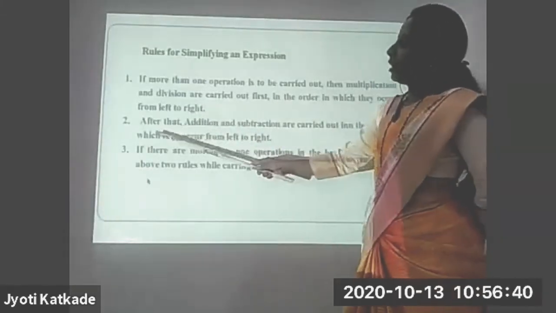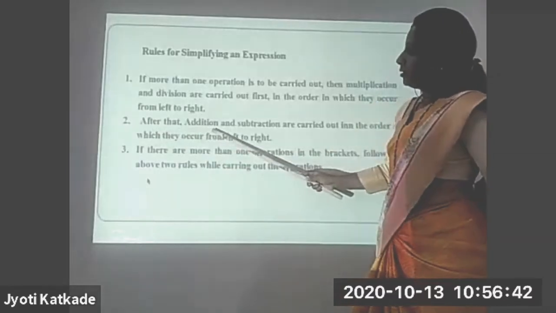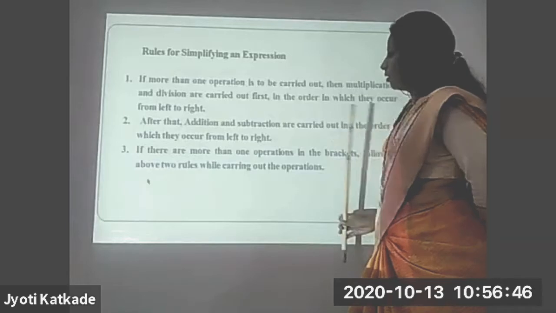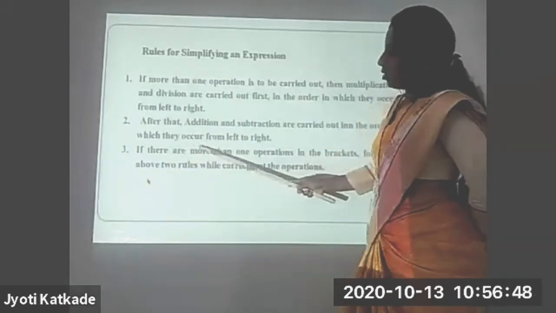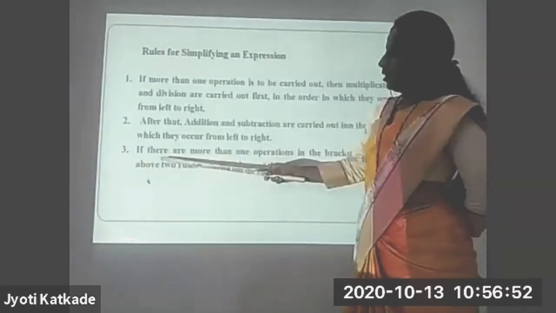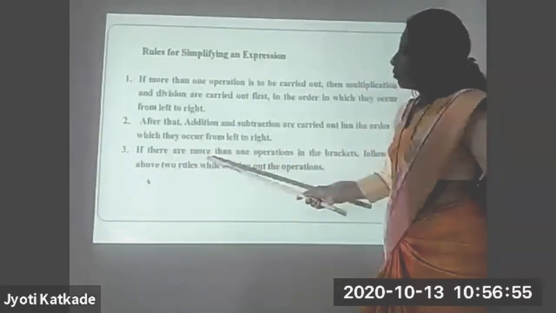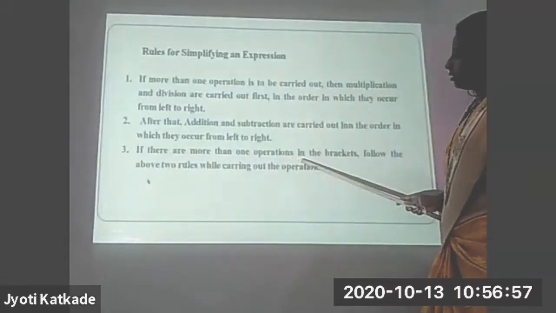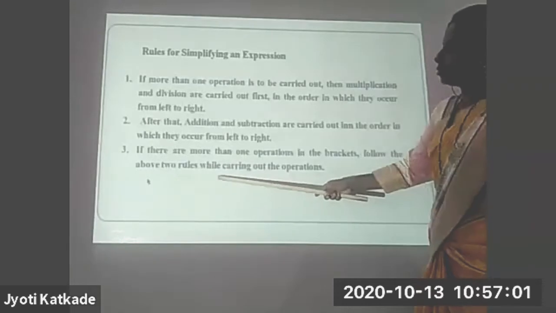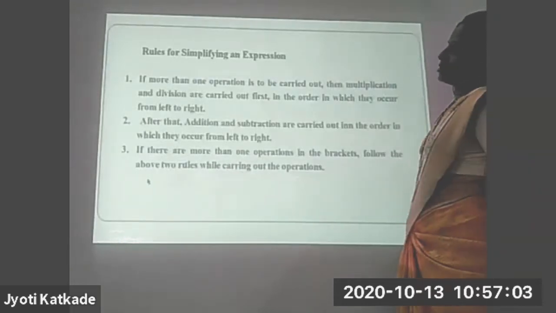Then second, after that, addition and subtraction are carried out in the order in which they occur from left to right. And third rule is, if there are more than one operation in the bracket, follow the above two rules while carrying out the operation.